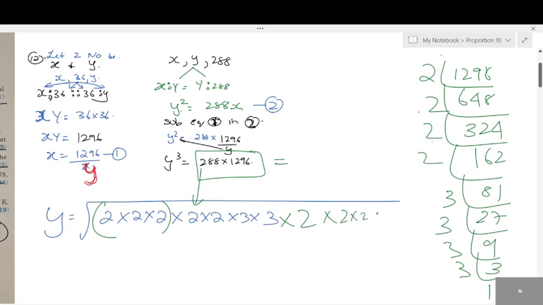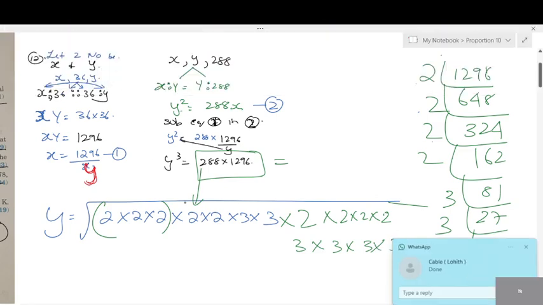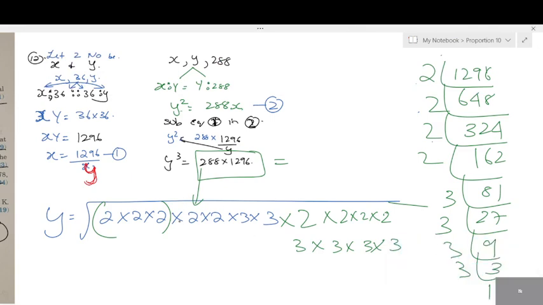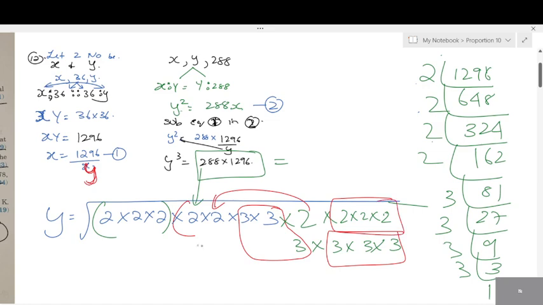2 into 2 into 2 into 2. 3 into 3 into 3 into 3. Now look at the pairs. From here we'll take one 2 like this. Then these 3s are one pair, and this 2 is our one pair.